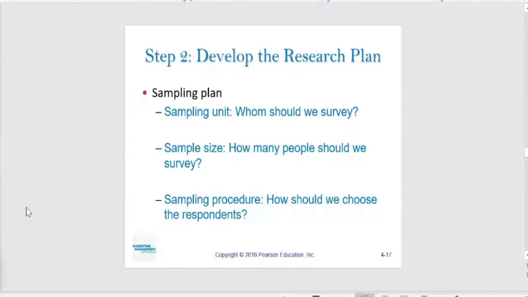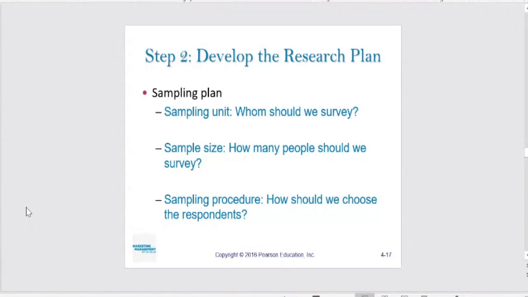So let us go down to developing the research plan. Here you can see that we are talking about the sampling plan. Now, the sampling plan consists of three dimensions: sampling unit, sample size, and sampling procedure. The sampling unit is about whom we should actually go out and survey.